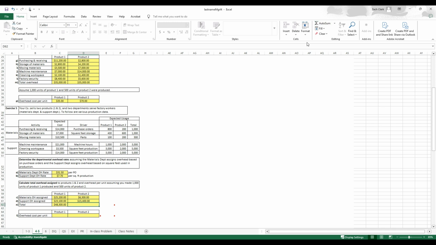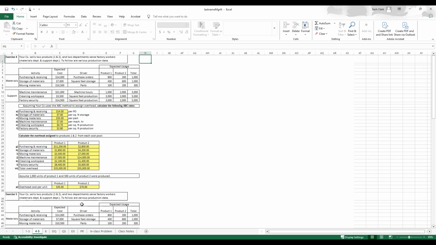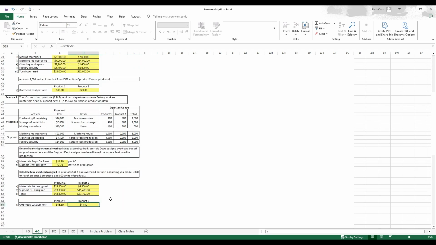And then we're just going to add those together to get our total costs per product. And then we're going to look and see what's our per unit. Again, we're going to just divide that by the units of production, 1,000 for product 1 and 500 for product 2.